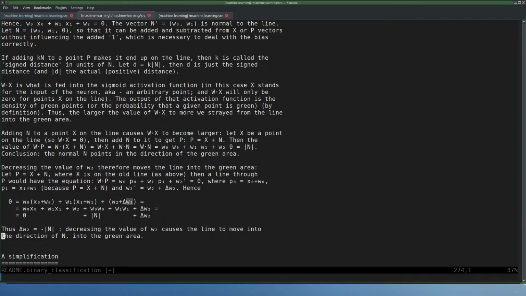That's more a code thing, I guess. Let's leave it like this. Well, I did a lot of effort here, so I'm going to go with that it is correct what I did here now. So decreasing W2 means that we go into the green area. Yep.